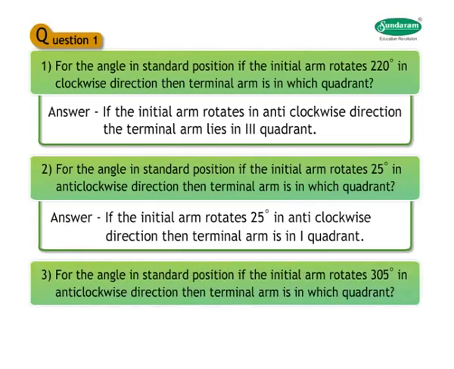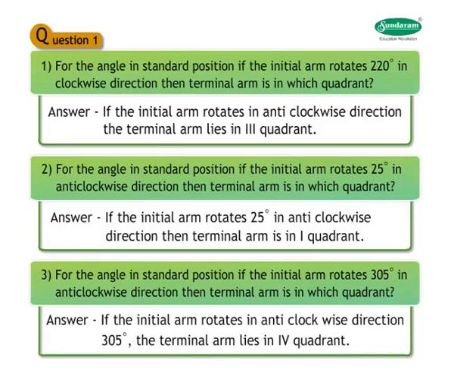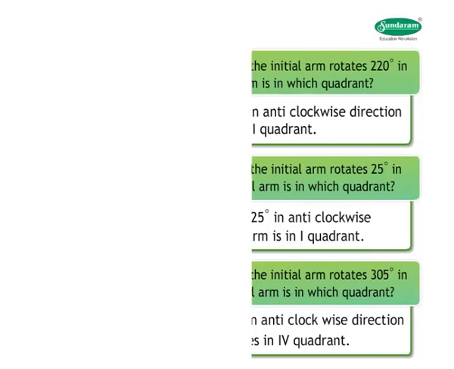For the angle in standard position, if the initial arm rotates 305 degrees in anti-clockwise direction, then terminal arm is in which quadrant? Answer. If the initial arm rotates in anti-clockwise direction 305 degrees, the terminal arm lies in fourth quadrant.